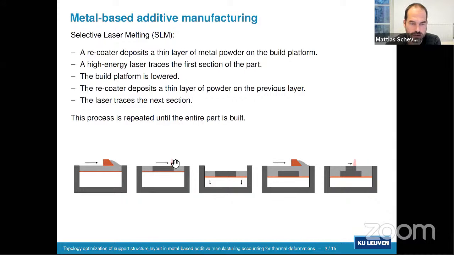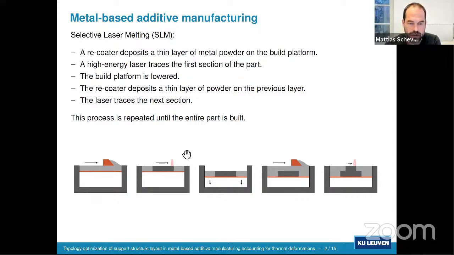Then we have a laser that traces the first section of the part. It makes the powder melt, and then it solidifies and becomes the first layer of the part. Then the build plate decreases, a new layer of powder is added by the recoater, and the laser passes again. So this is repeated until the part is built.